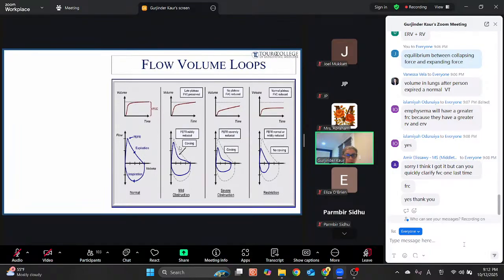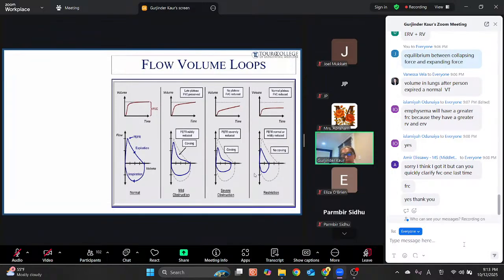The dotted line is normal, but with the mild obstruction, even this coving is there and they'll have a hard time expiring the air out. So this is how obstruction would look. If you see coving on your exam question, you very well know that this is a case of COPD that you're looking at, or asthma or something, right? As far as the stem is telling you.